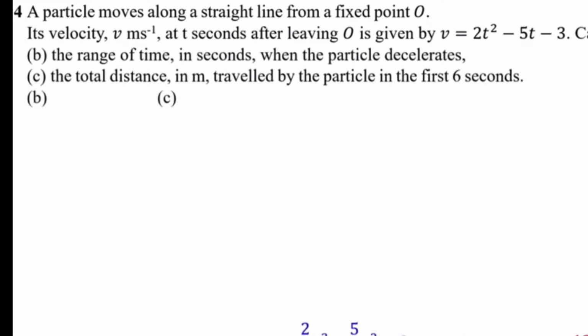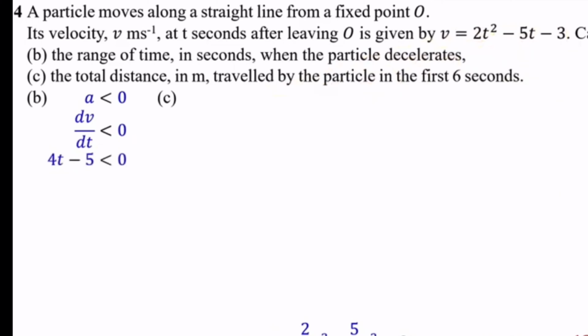So now let's proceed to B, the range of the time in seconds when the particle decelerates. So whenever we see decelerates, a is always less than 0. So we need to find dv/dt by differentiating the velocity. The velocity is given as 2t squared minus 5t minus 3.